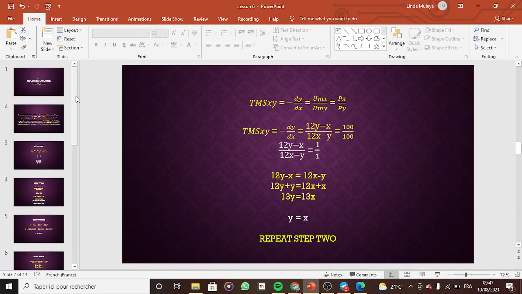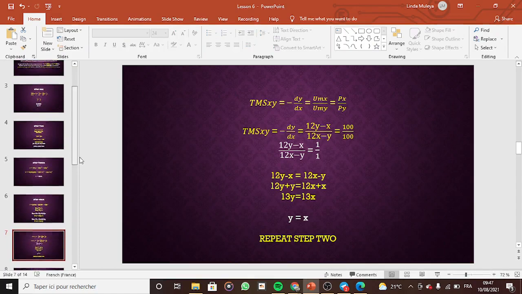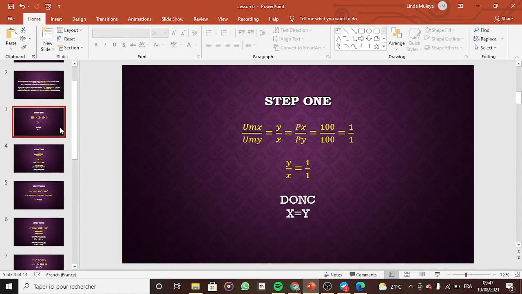So, yeah, let me just expand that a bit. Both of the methods we've seen are under TMS, except one is focused on using your prices to find the ratio, and then the other one is focused on using the derivatives. Let me just come back up to step 1.